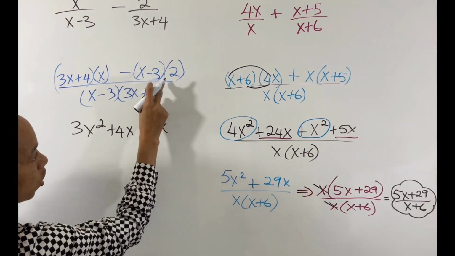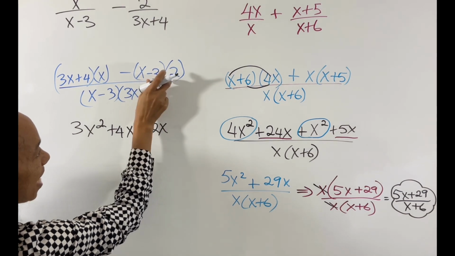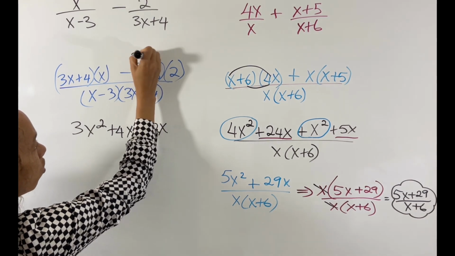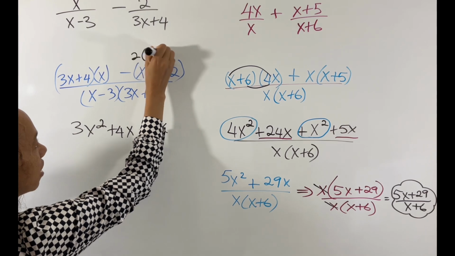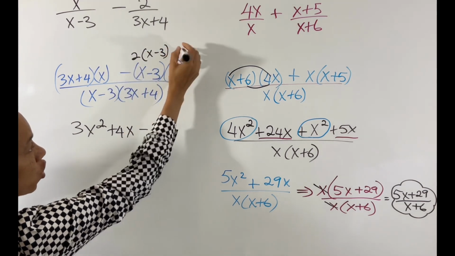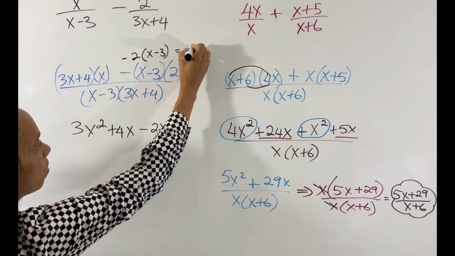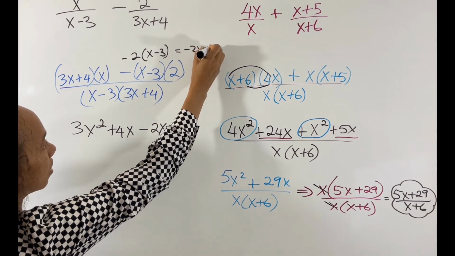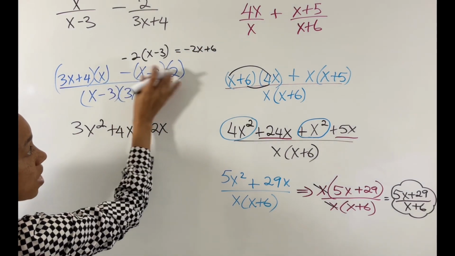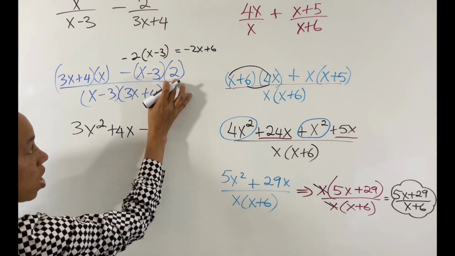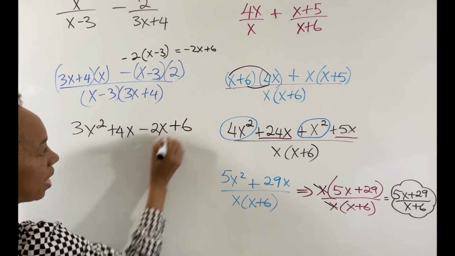So I want to point out to you that because you have it written like this, if I had written the 2 first and the x minus 3, you would end up with, because you have the negative here, negative 2x plus 6 here. The same thing here, because even though you have a 2 on the other side, it's going to be a plus 6 at the bottom.